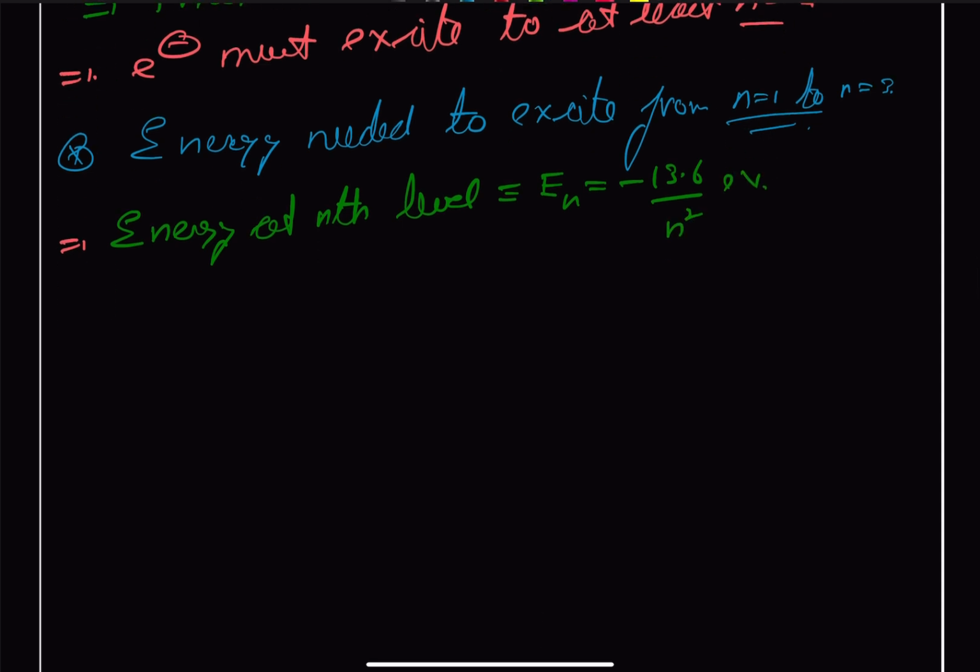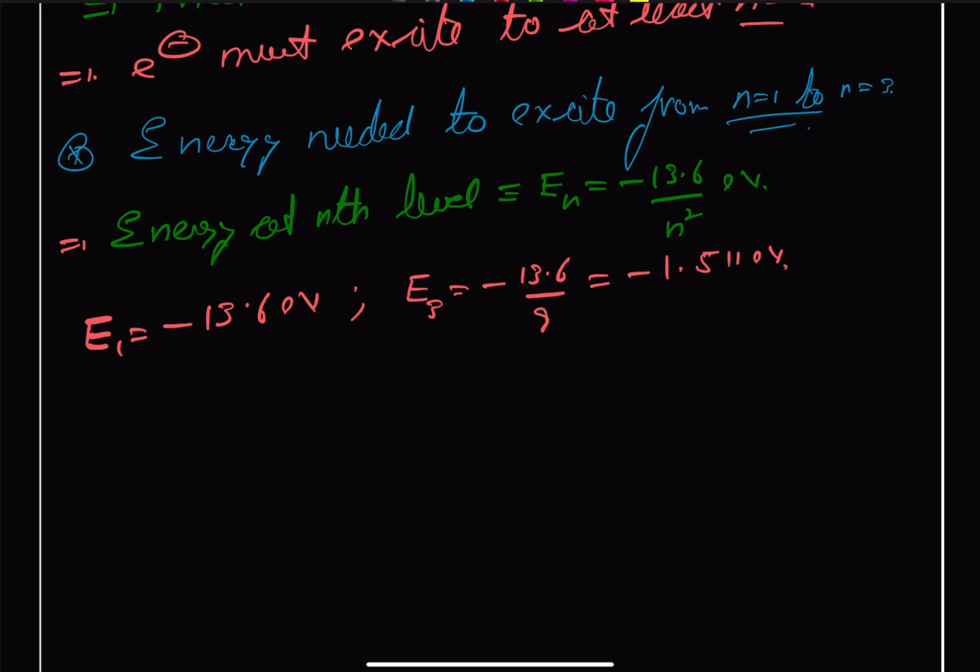So we can find out E of 1, which will be equal to minus 13.6 electron volt, and E of 3 will be equal to minus 13.6 divided by 9, which comes as minus 1.511 electron volt.